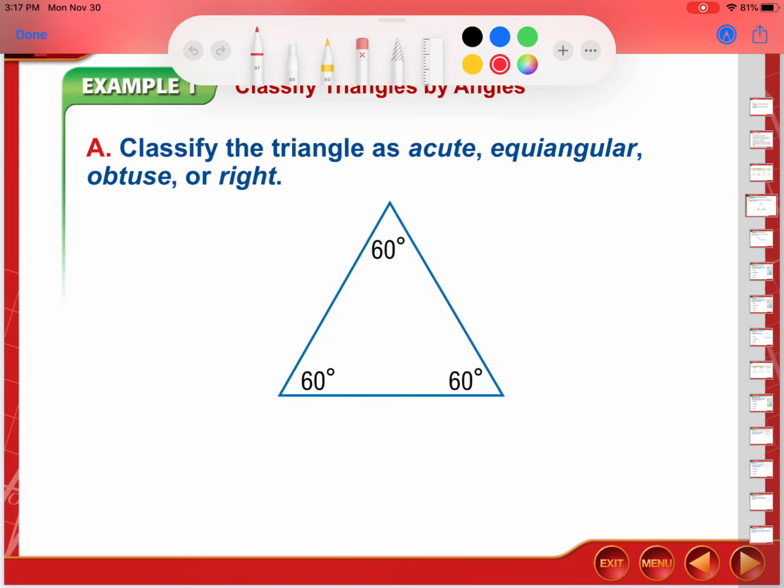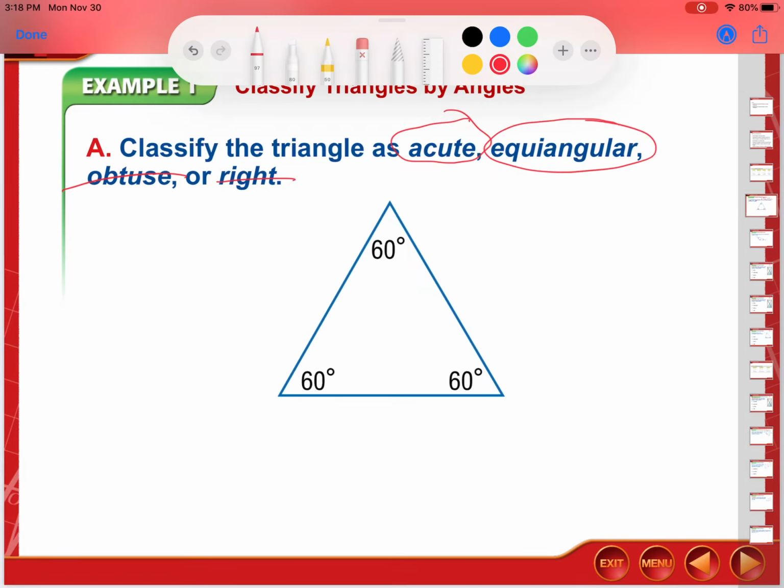Equiangular means all the angles are the same, and obtuse means at least one of the angles is greater than 90, and then for a right triangle, one angle has to be 90. So right away, no angles are 90 degrees, no angles are bigger than 90 degrees, so it can't be obtuse or right.